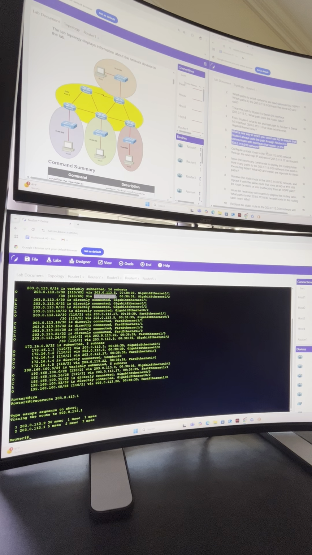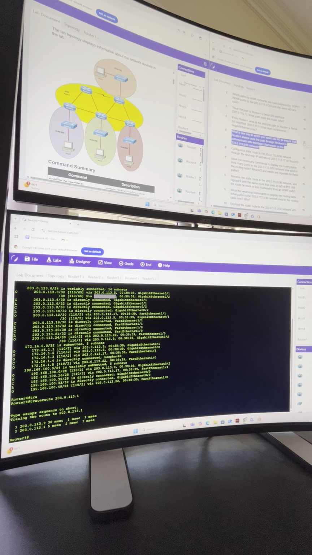Well, if we're using administrative distance, the only way that we can modify the path to communicate with the 203.0.113.0/30 network, which resides on router 1, is to configure a static route on router 4 to router 3, which will go to router 1. As we know, static routes have an administrative distance of 1, which is more trustworthy than an OSPF learned route. So if we configure a static route on router 4 to router 3, router 4 would then use that static route instead of the OSPF route.